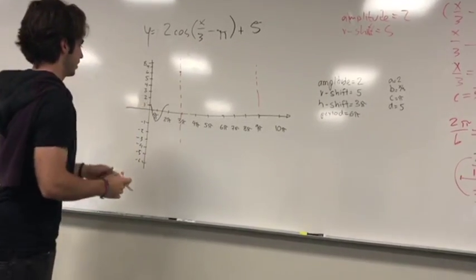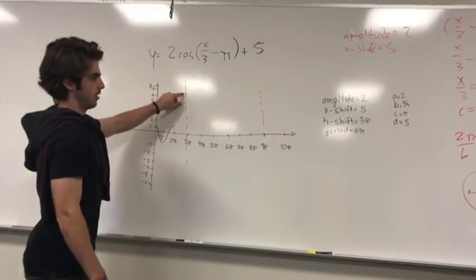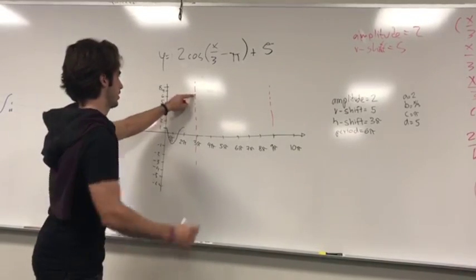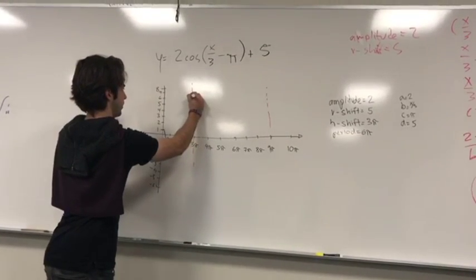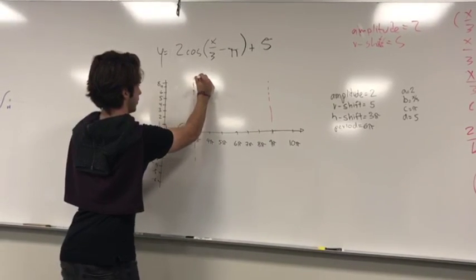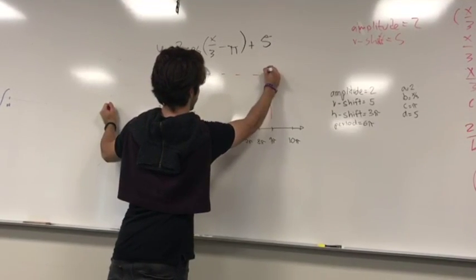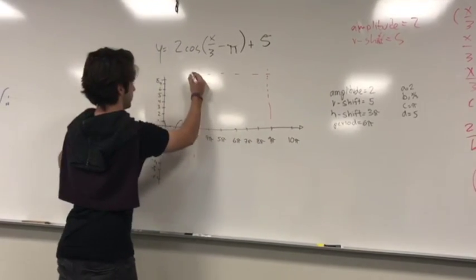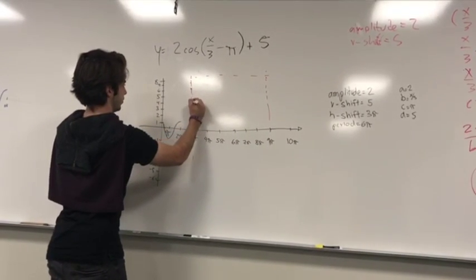And then, as we're here, our amplitude is 2, so we'll count. 2 down, right? Yes. Up, up. 1, 2, here. Then down. And then 2 down. 1, 2.